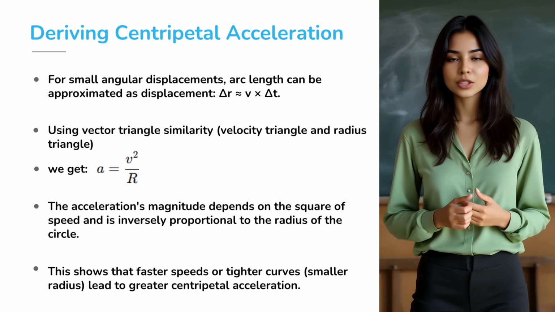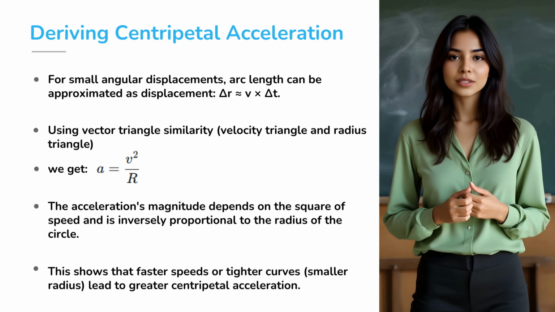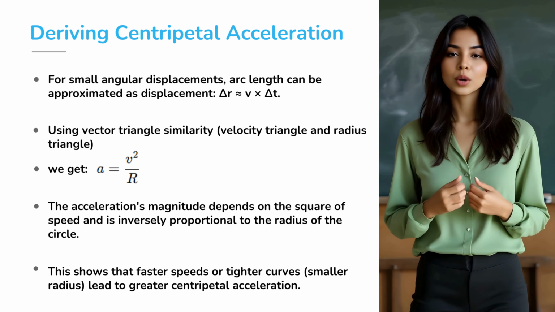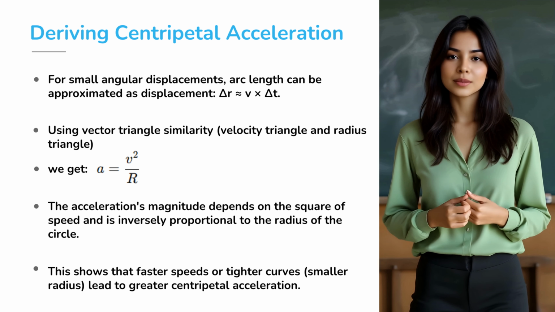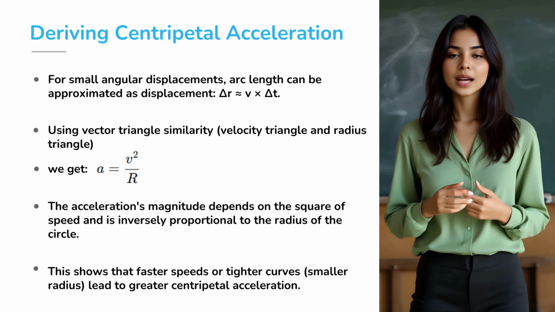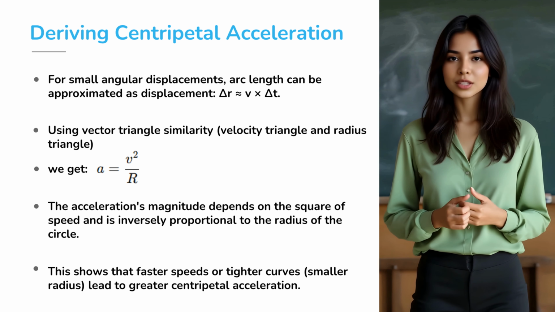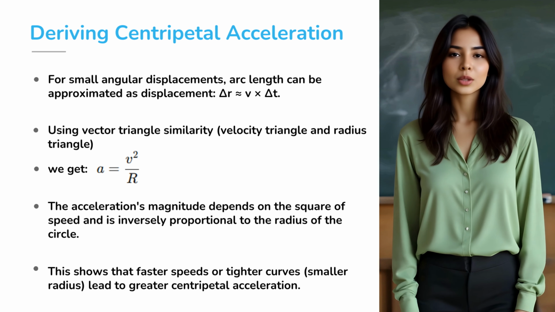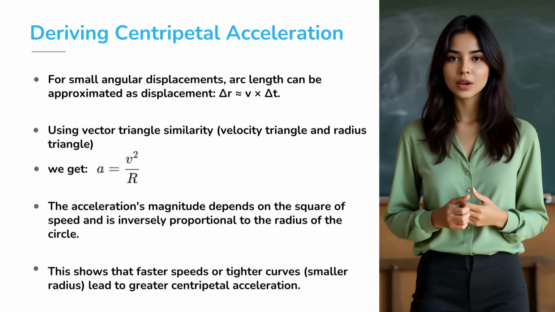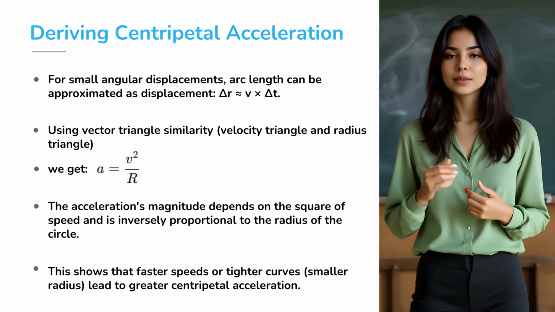Now, consider the triangle formed by the two velocity vectors and their change. This triangle is similar to the one formed by the position vectors. Using this triangle's similarity, we get acceleration equals v squared divided by r, that is, a equals v squared by r, where v is the linear speed and r is the radius of the circular path.